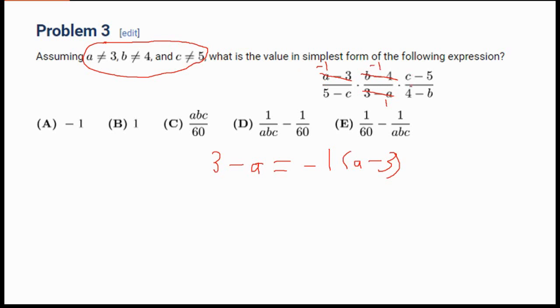So we finish dividing by 4 minus B and 5 minus C to get negative 1 times negative 1 times negative 1. Negative 1 times negative 1 is equal to 1, which leads us to 1 times negative 1. This is equal to negative 1, or A.